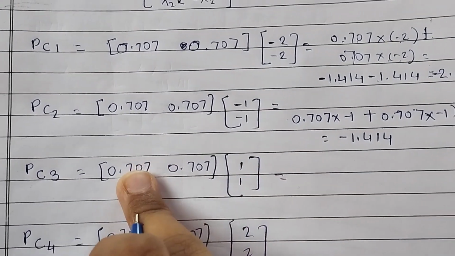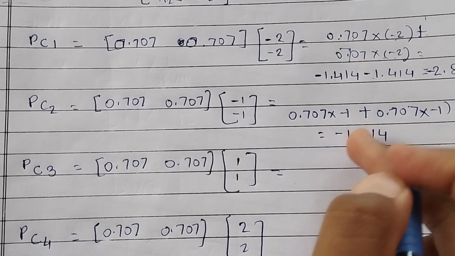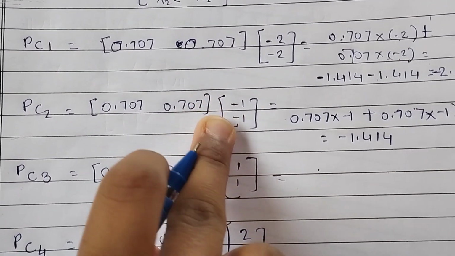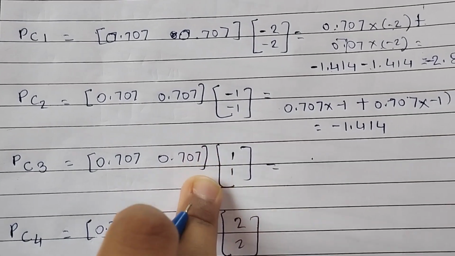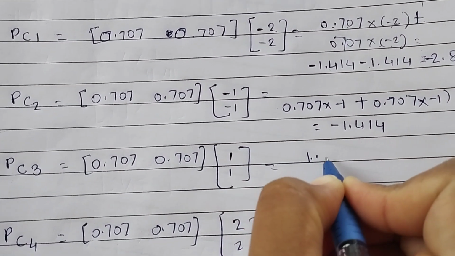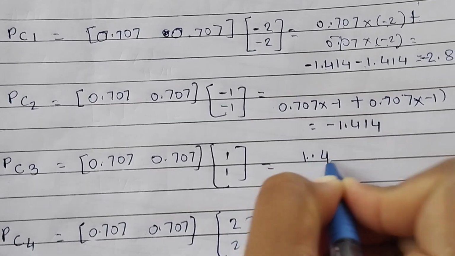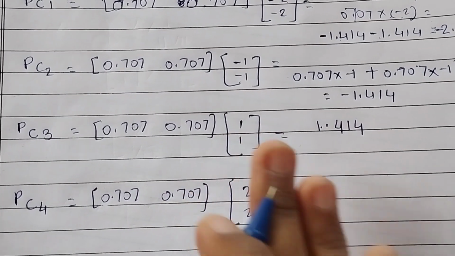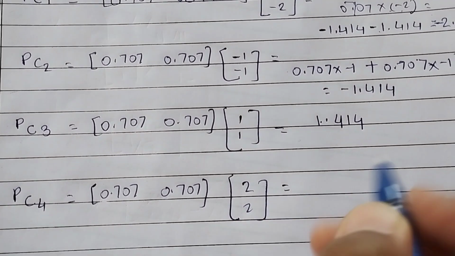Same for the next, first row, first column. Here we write plus because we multiply with plus 1 instead of minus 1, so this value is the same, 1.414. If you have any doubt, let me know in the comment box.